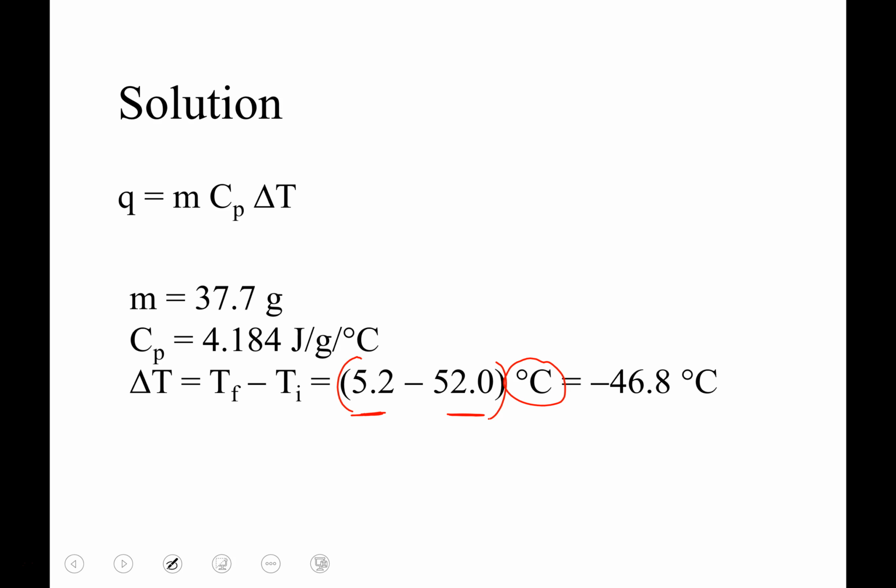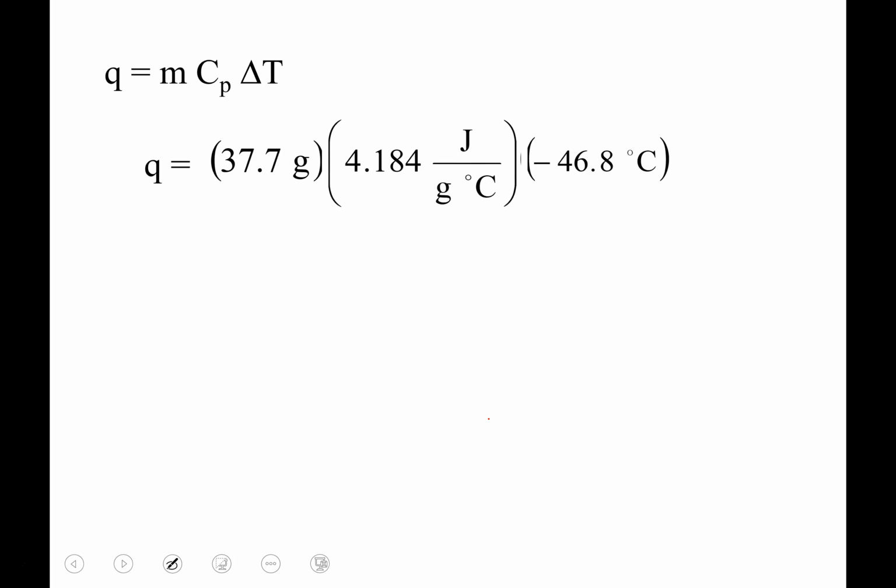And in this class anyway, since I'm a stickler in my instructions for exams to write all units, you need to write all units. So we're going to plug the mass, specific heat, and delta T in, and it looks like this. Q is equal to 37.7 grams over 1 times the specific heat of water in its liquid state, 4.184 joules per gram degrees Celsius, times the delta T. I like putting the mass and the delta T over 1, so I can see better what happens with my units.